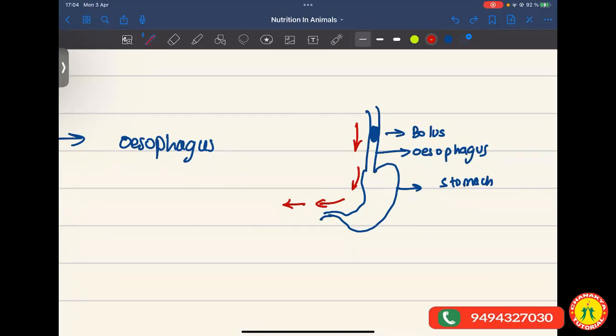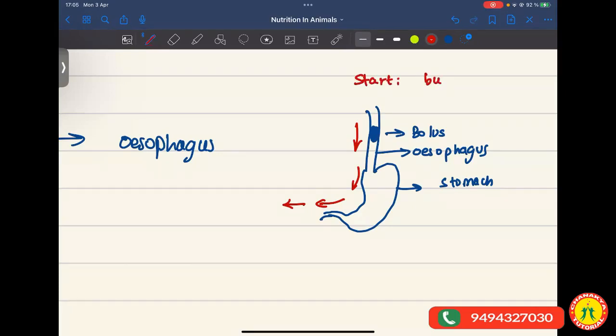Similarly, there is some pressure that is created by the walls of the alimentary canal, which pushes the food downwards. So the food is pushed down by a movement that is done by the walls of the food pipe or the esophagus. This movement will take place throughout. Where does the alimentary canal start from? The alimentary canal starts from the buccal cavity.